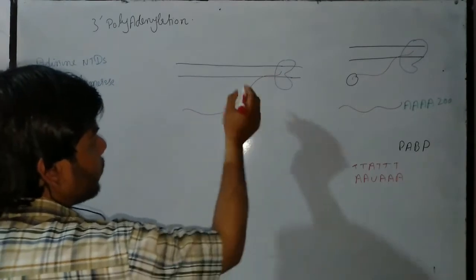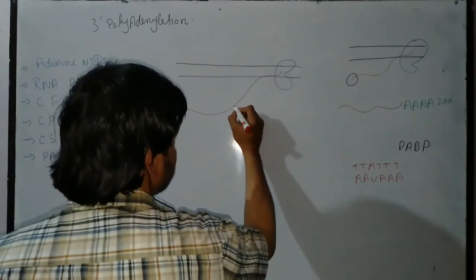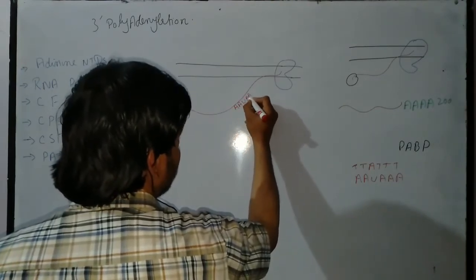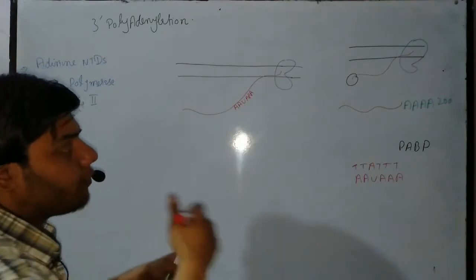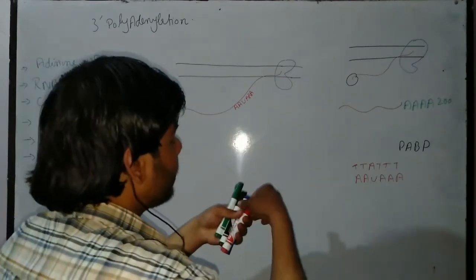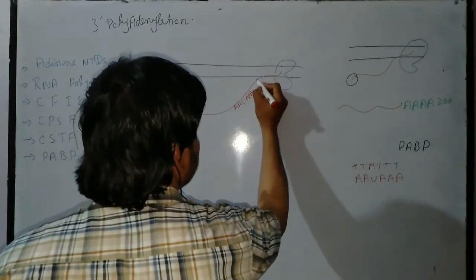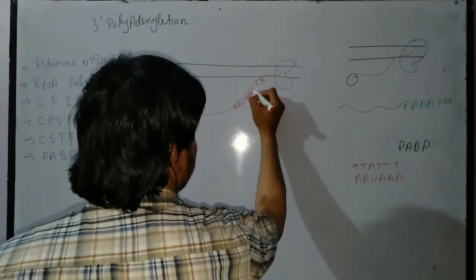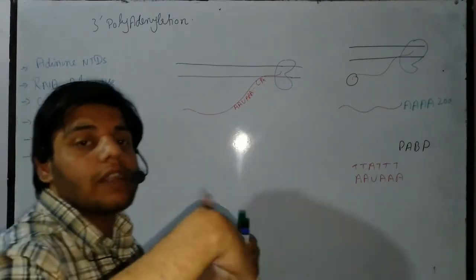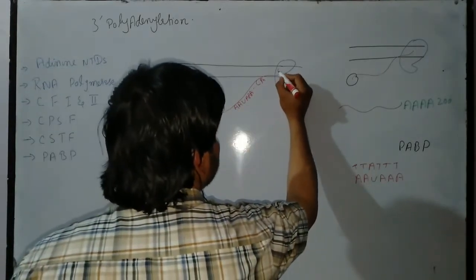Remember, at that specific area the termination signal is present, like A, U, A, and after the addition of some nucleotides, we have other nucleotides, CA. Further downstream of this RNA, we have other nucleotides like GU.